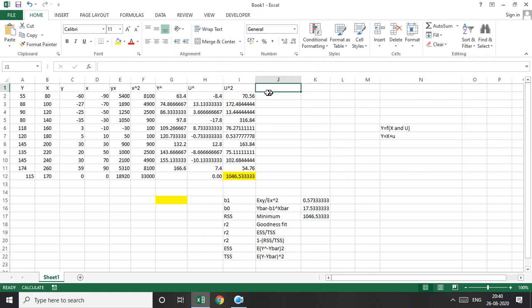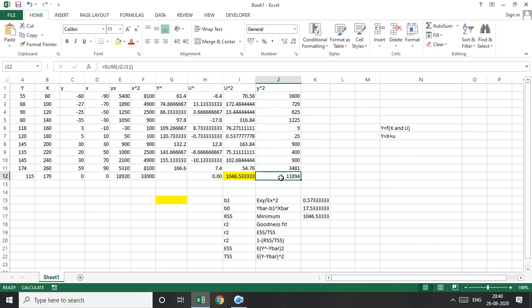Okay, so this is the small y. That means small y means what? Sigma y minus y bar. So you just square it. This is y square. You do it for all, then you sum it.